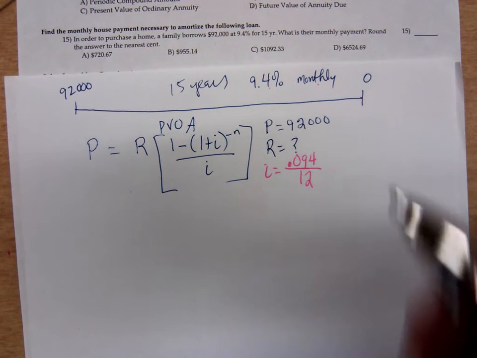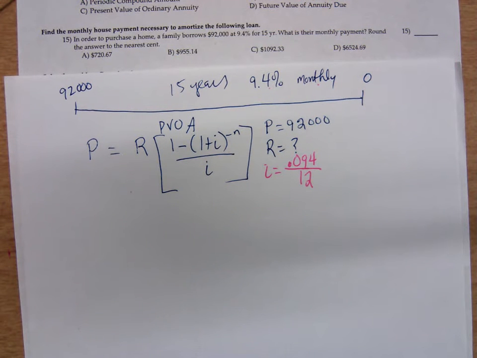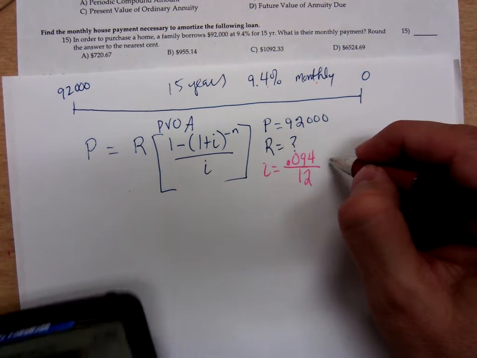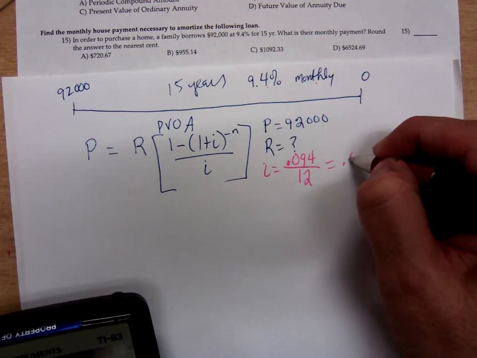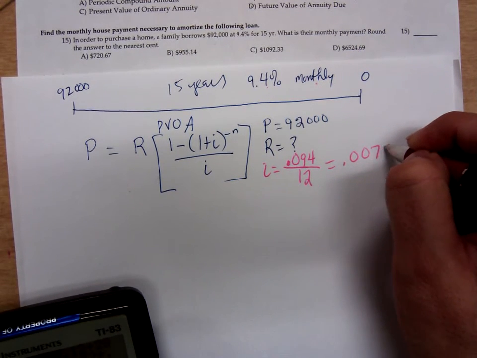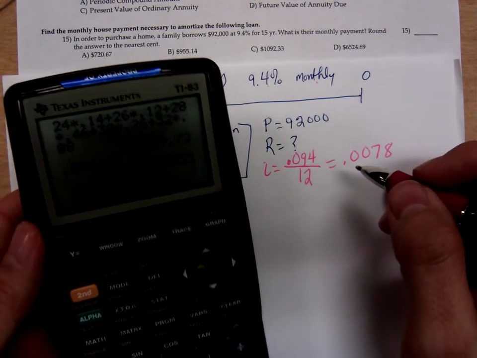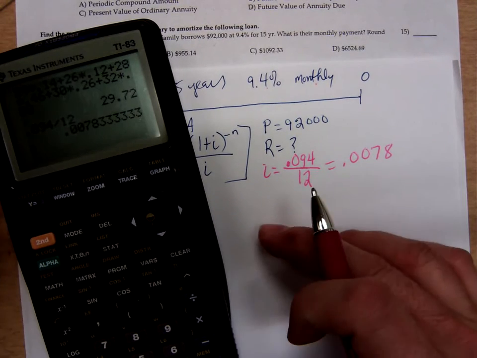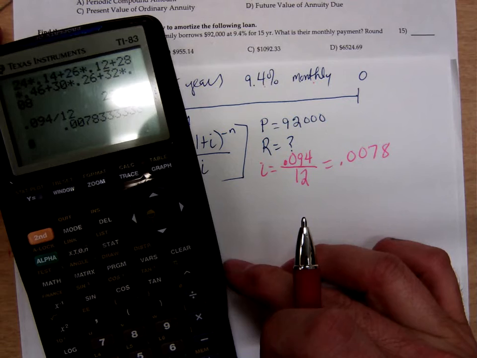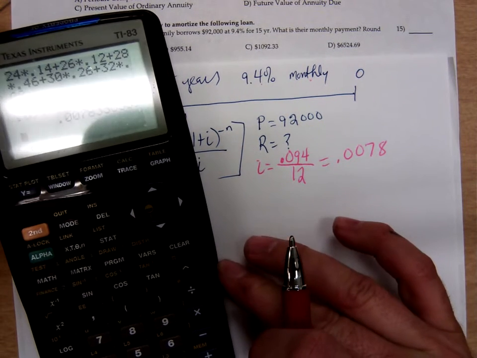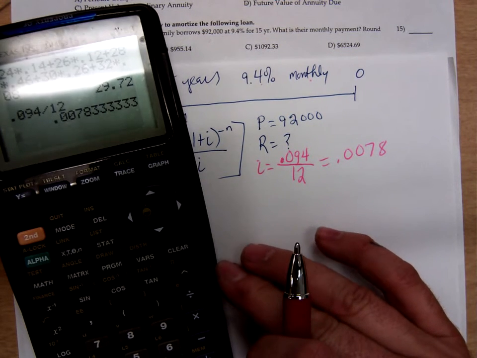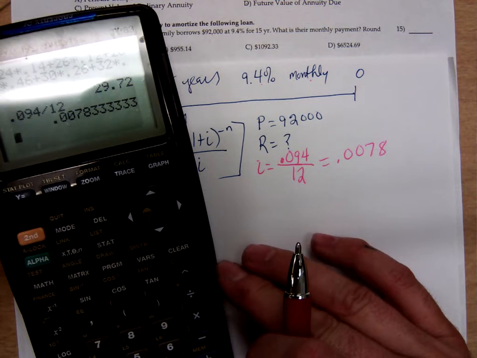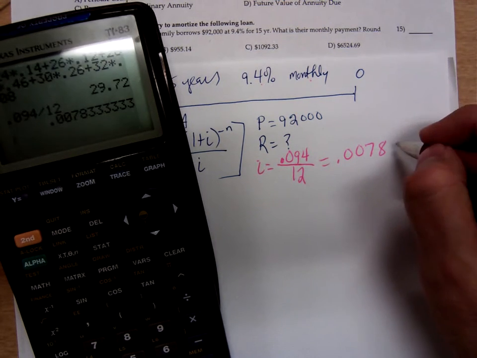Let's see, what's 0.094 divided by 12? Punching that into my calculator. It's one of those things that doesn't terminate: 0.0078, and the threes go on and on, 0.00783333.